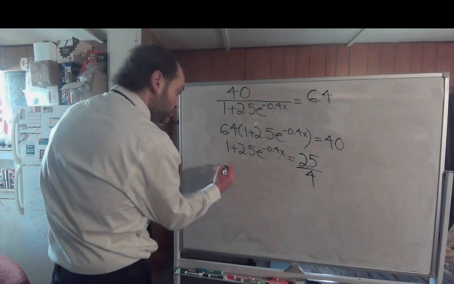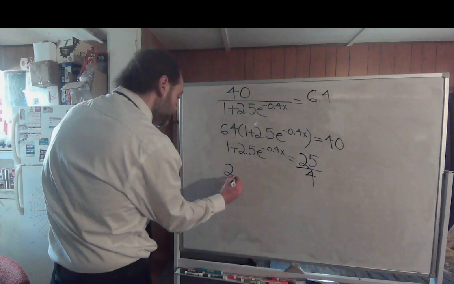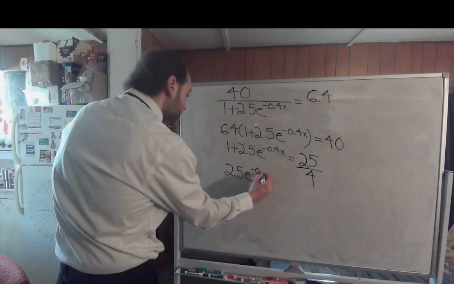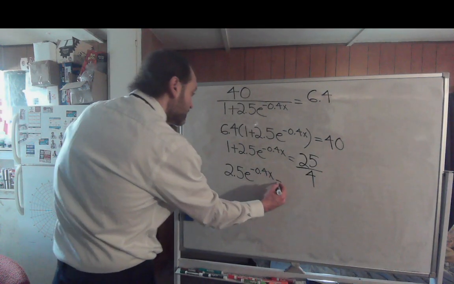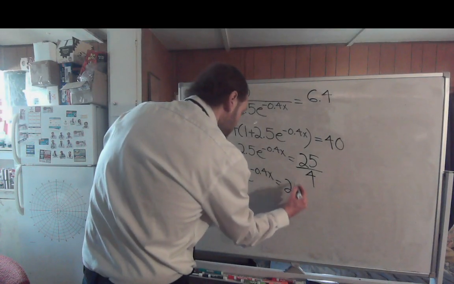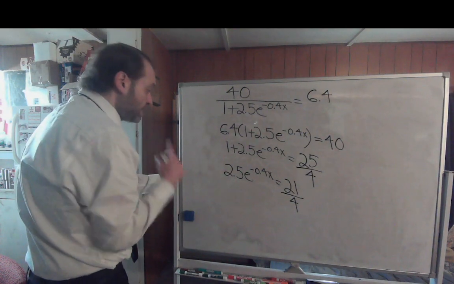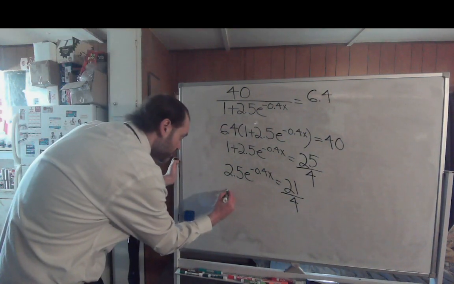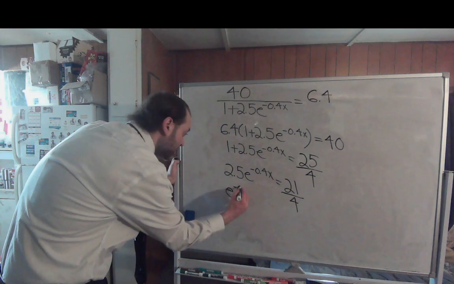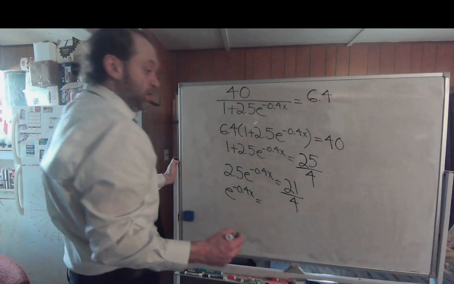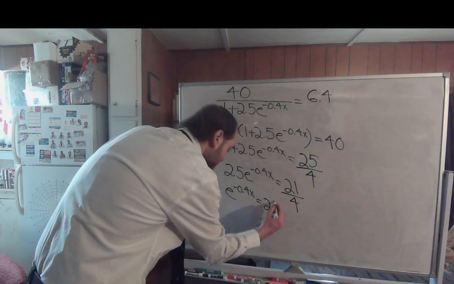Now let's subtract 1 from both sides, so you get 2.5e to the negative 0.4x would equal 21/4. Now divide both sides by 2.5, you get e to the negative 0.4x would equal 21/10.